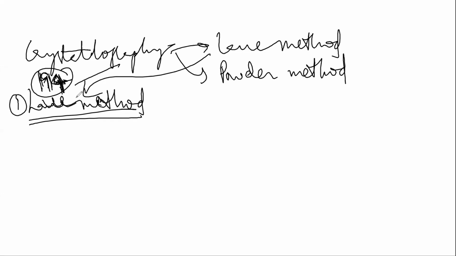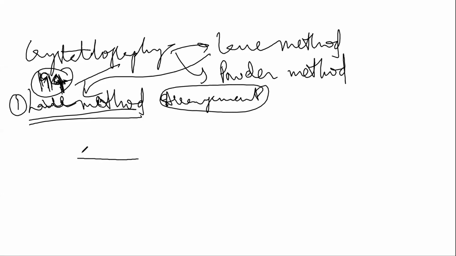Now what is crystallography by Ley method? What is the experimental arrangement? It is the same as what we talked about first. I will have X-rays coming out of an X-ray source.